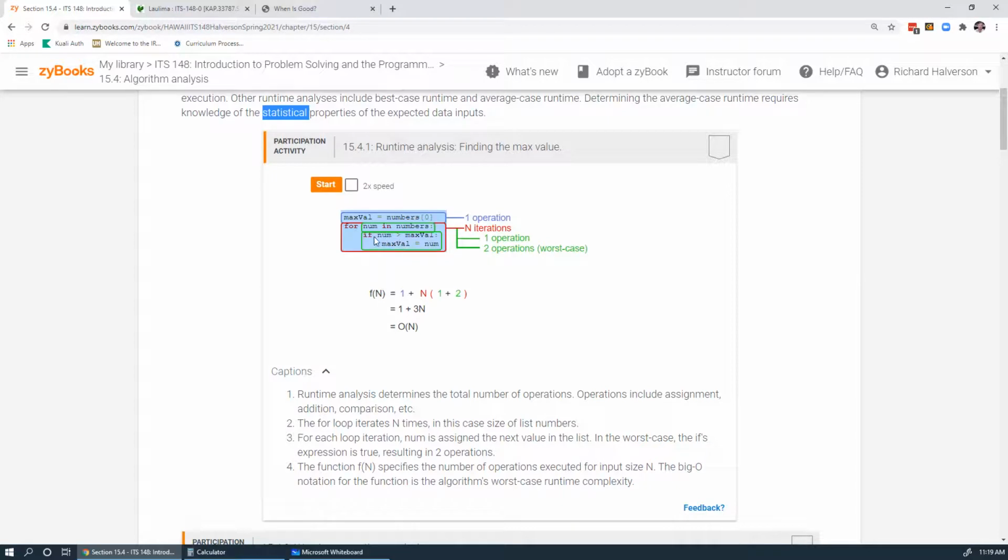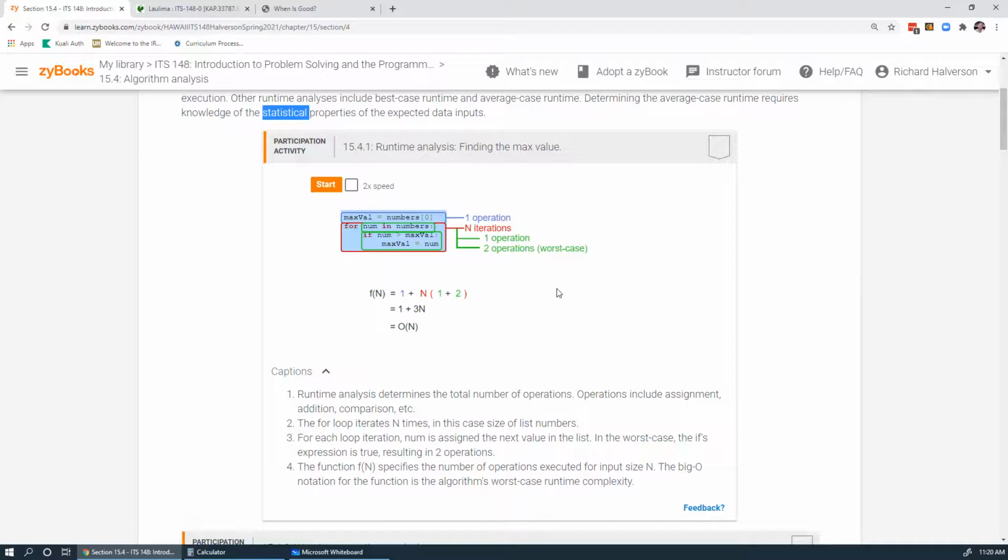Then there's also this if statement, which is an evaluation: it evaluates whether the number is greater than the max value, and if it is, it also executes max val equals num. If num is not greater than max val, it does not execute this last assignment. But for worst case, we assume that it's executed every time.